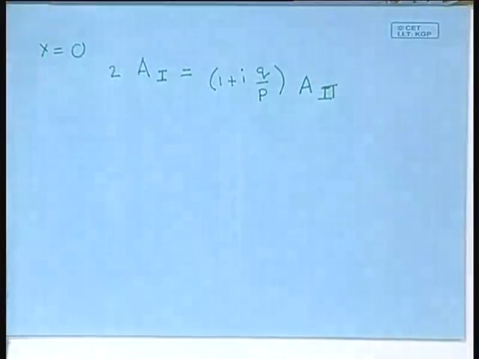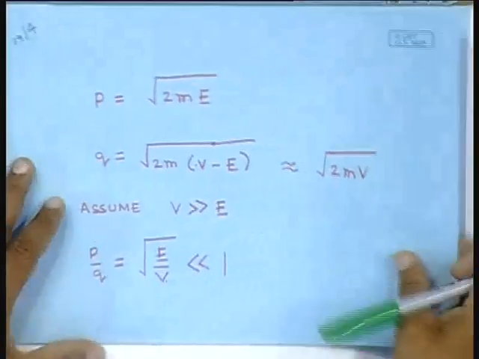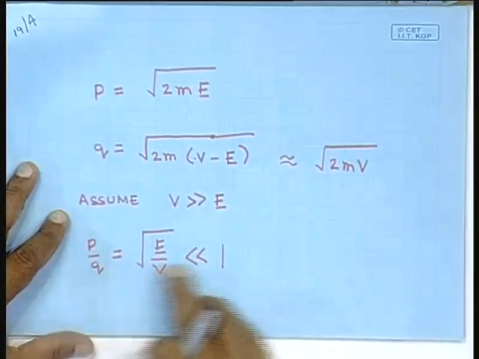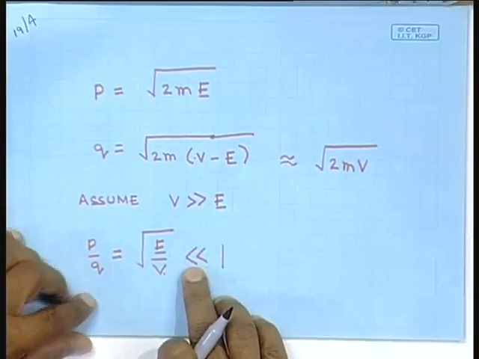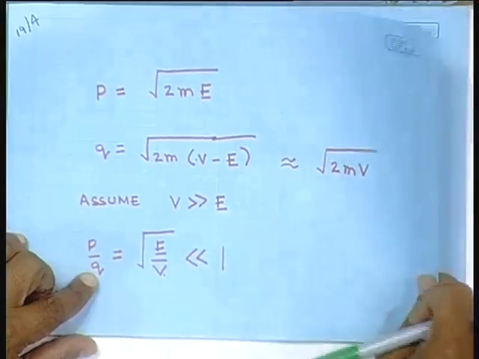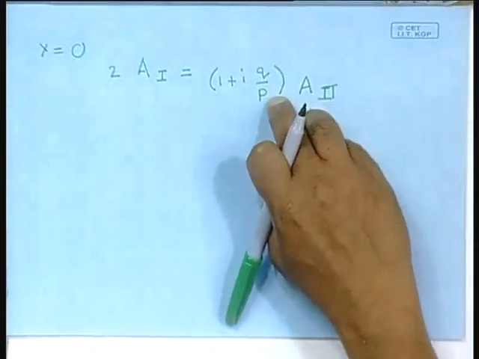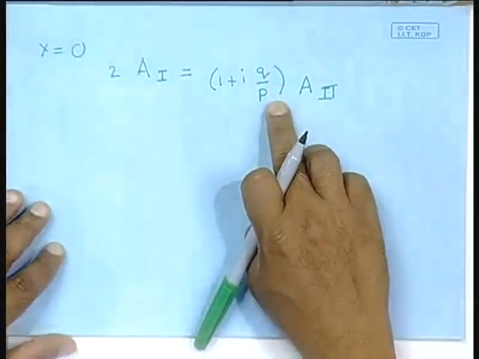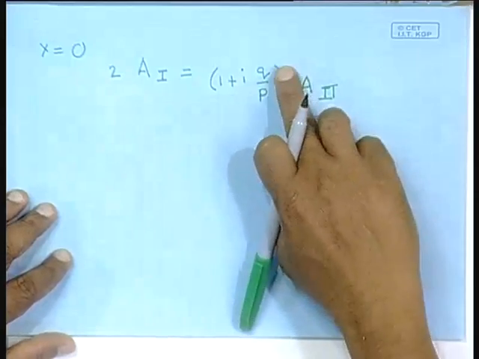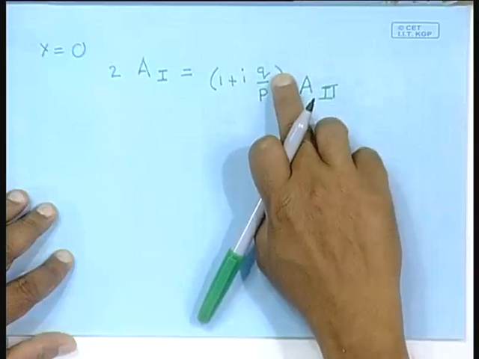Now, we have also made the assumption that p by q is much smaller than 1, or q by p is much greater than 1. So, we can ignore this 1 because this term is much greater than 1.